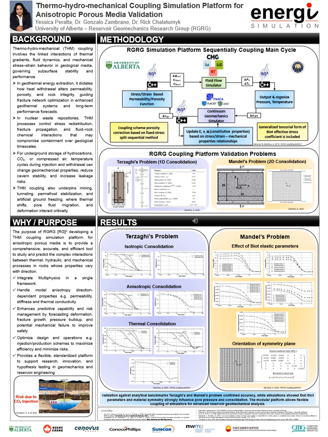And beyond energy, THM processes are critical in mining, tunneling, permafrost stabilization, and artificial ground freezing. In short, THM coupling provides the foundation for designing safer, more efficient, and sustainable subsurface projects.